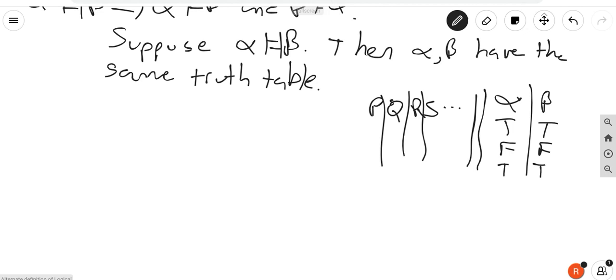So, do we know if alpha semantically entails beta? Or if beta semantically entails alpha? Consider an arbitrary row. So let's pick some row. And when we say pick an arbitrary row, we basically mean that there is some specific row, but we don't get to pick it.